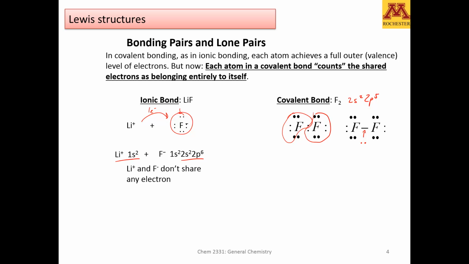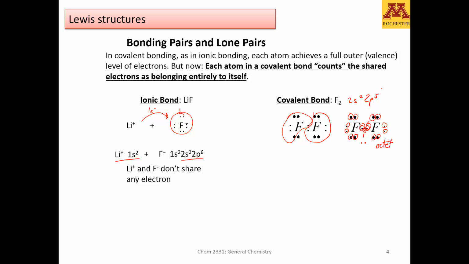Notice that both fluorines now have 8 electrons around them. It will be 1, 2, 3, 4, 5, 6, 7, and because this one is shared, 8. The same for the other fluorine. So both of them follow what we call the octet rule.